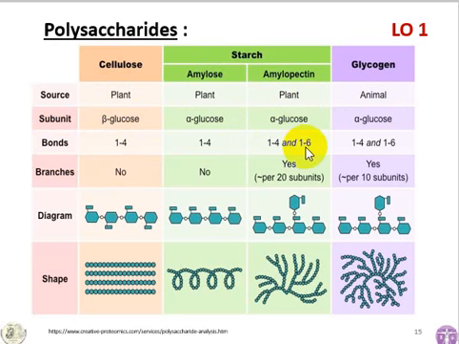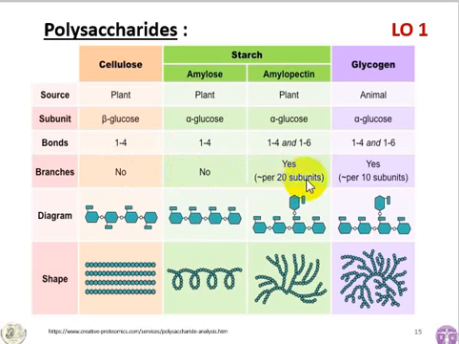While in the amylopectin and glycogen, there are bonds between carbon atom number 1 and carbon atom number 4 in the main chain, and carbon atom number 1 with carbon atom number 6 in the branch chain. Therefore, there are no branches in the cellulose and amylose, but there are branches in the amylopectin and glycogen.